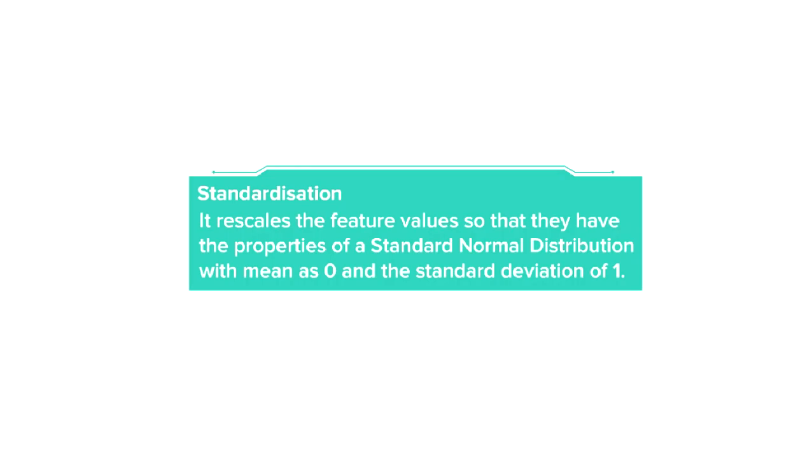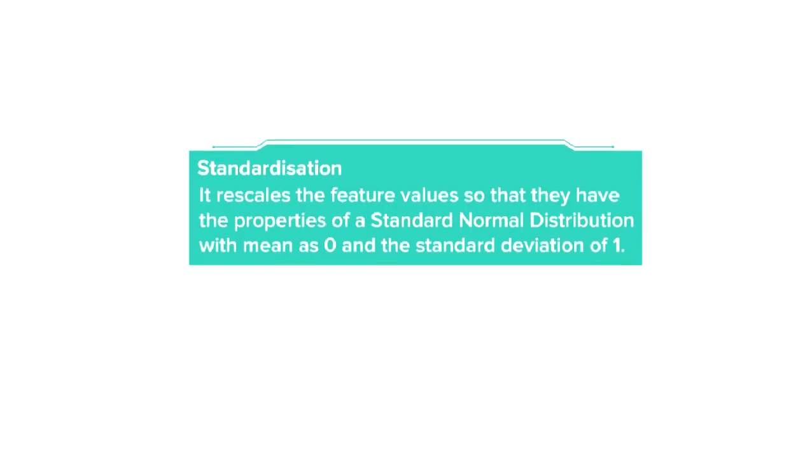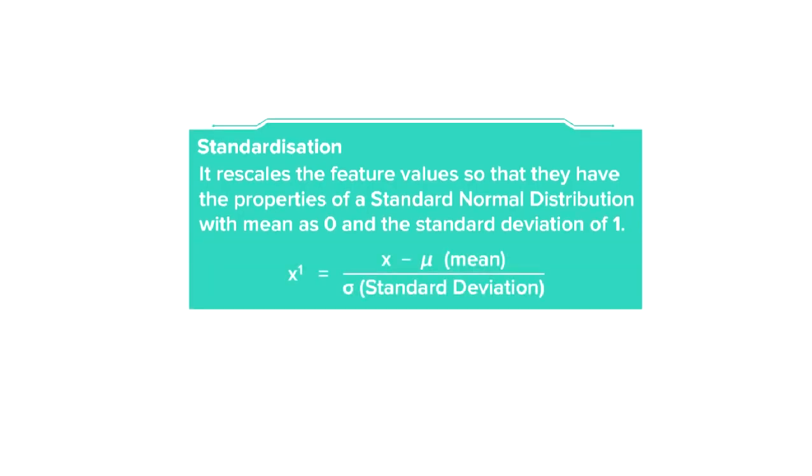Standardization rescales the feature values so that they have the properties of a standard normal distribution with mean as 0 and the standard deviation of 1. The scaling is done by deducting the mean of the variable from the current value and then dividing by the standard deviation.